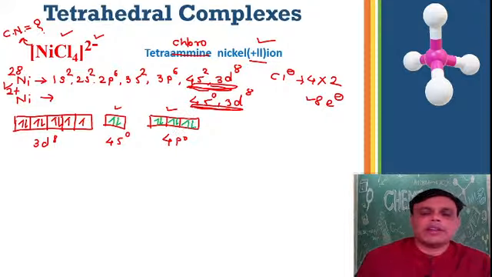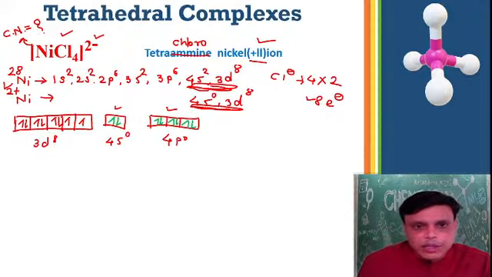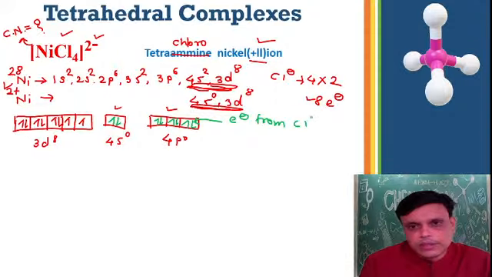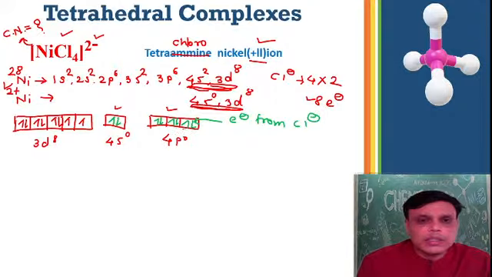So total 8 electrons we have filled. These are the electrons donated from Cl minus. I have shown these green-colored electrons as donated from the ligand, that is Cl minus.